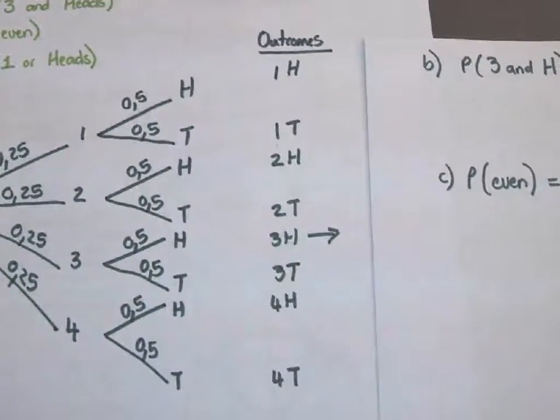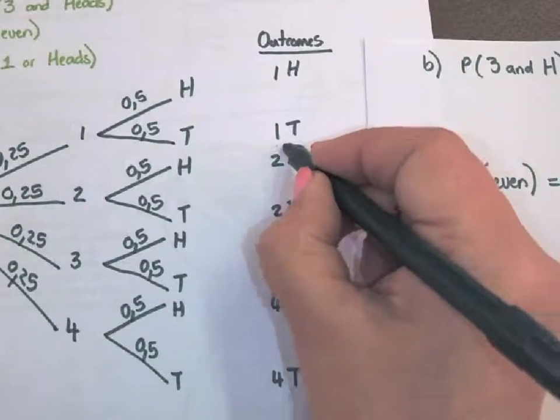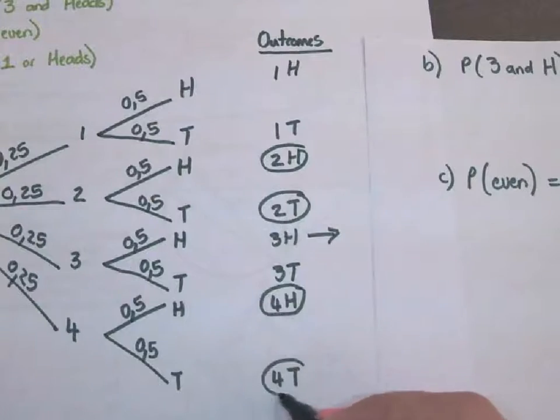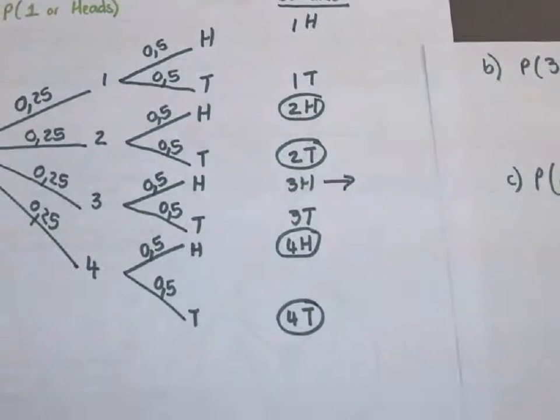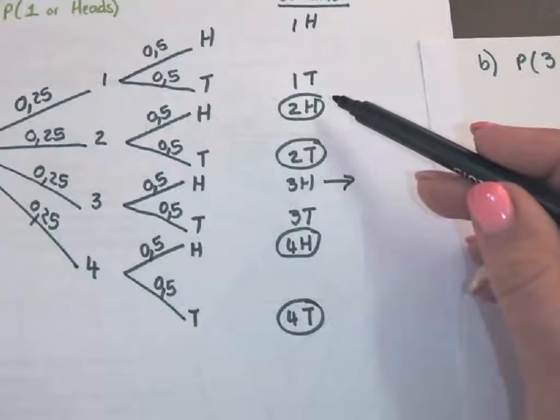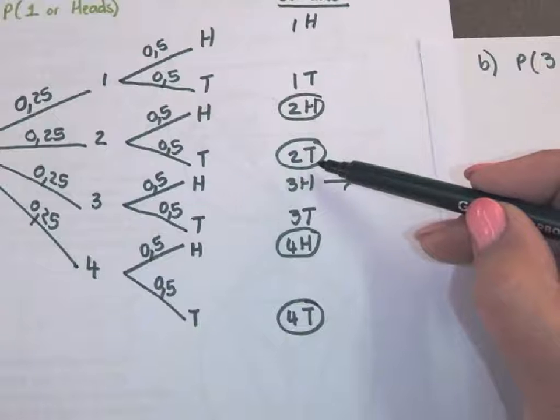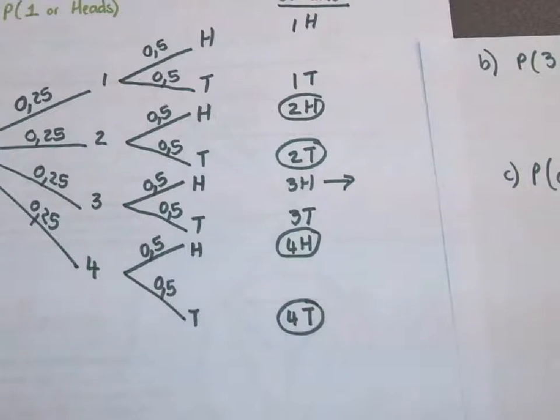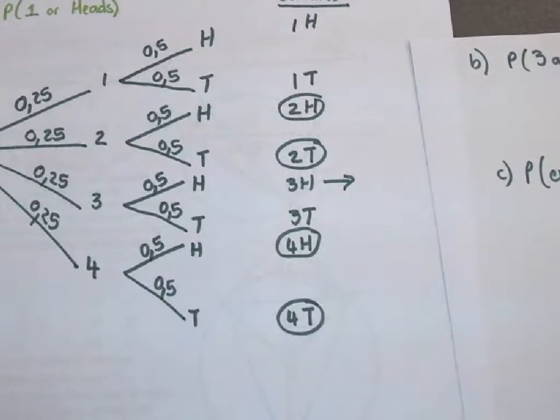Alright, now they want the probability of even numbers. So we have to look for even numbers. There's one, there is one, and there is one. So we have 2h or 2t or 4h or 4t. What is "or" in probability? Pluses.